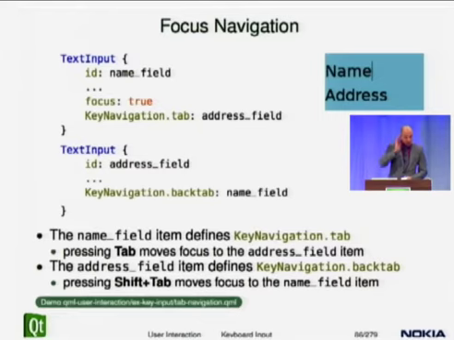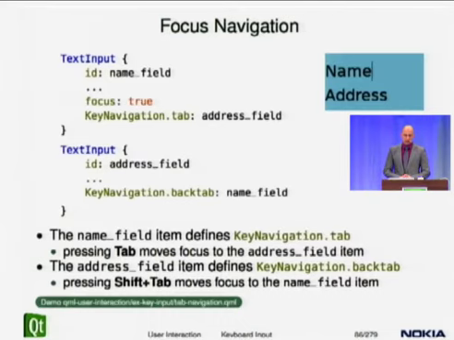Changing focus as a result of tab, that's usually what people expect. If you hit the tab key, if you have one on your hardware, then you want this to change to the next logical element in the UI. Whatever the next logical element is obviously depends on you, so you have to specify that in code.